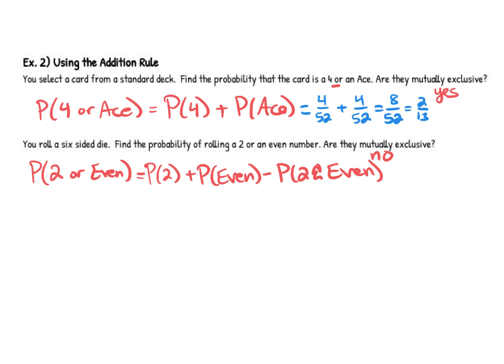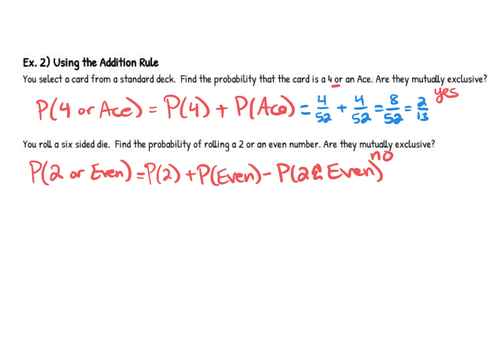Okay, our second one, you roll a 6-sided die, find the probability of rolling a 2 or an even number. Are these mutually exclusive? No, because 2 is an even number, so those events can occur at the same time. So our probability of 2 or even is the probability of 2 plus the probability of even minus the probability of 2 and even.